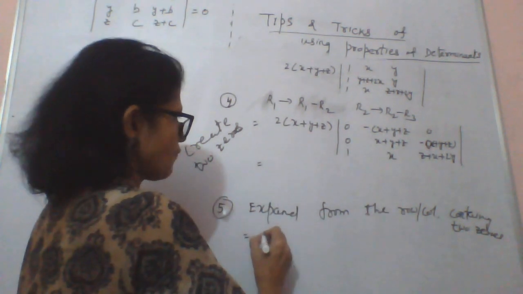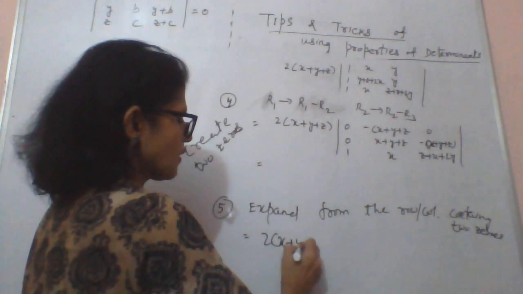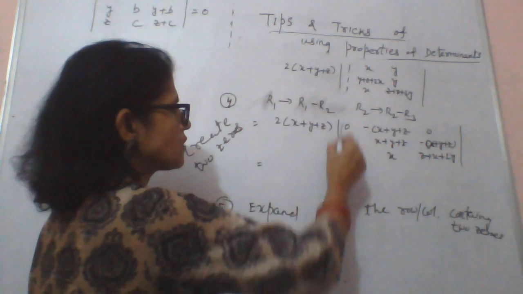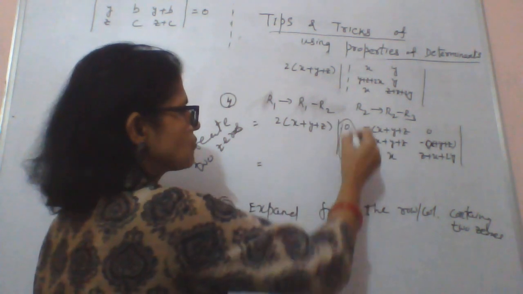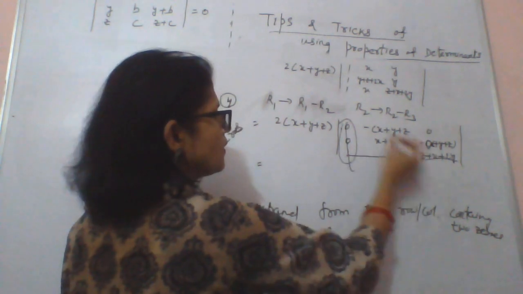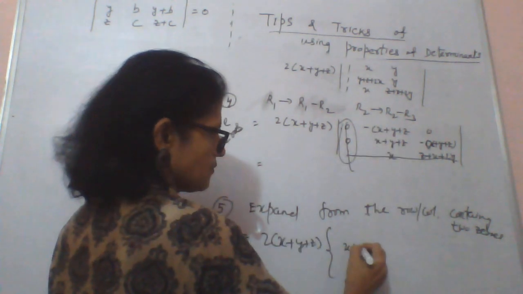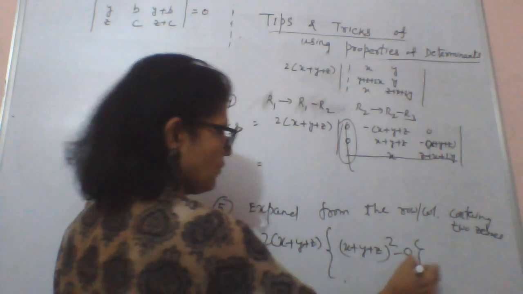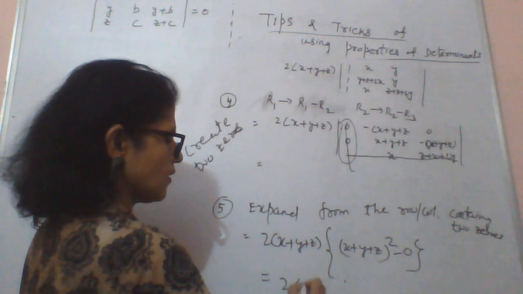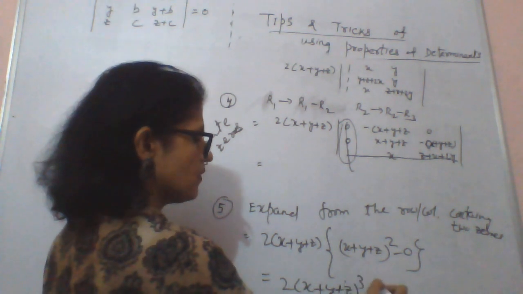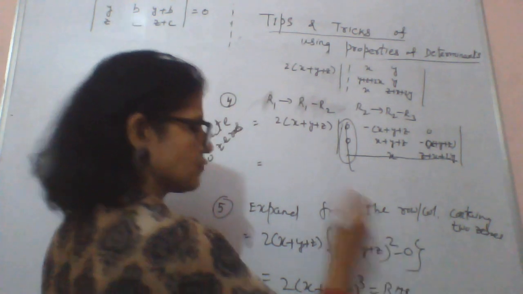So this is equal to twice of x plus y plus z. Suppose I am expanding from this, 0 into something, 0 into something, so basically I am getting x plus y plus z whole square minus 0. It means I am getting here twice of x plus y plus z whole cube, that is equal to RHS.